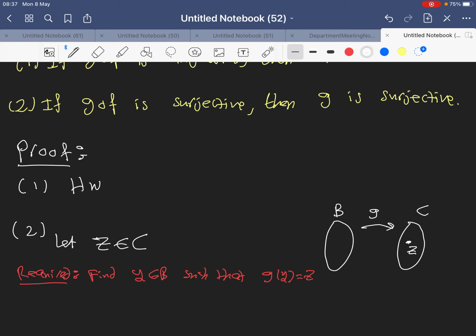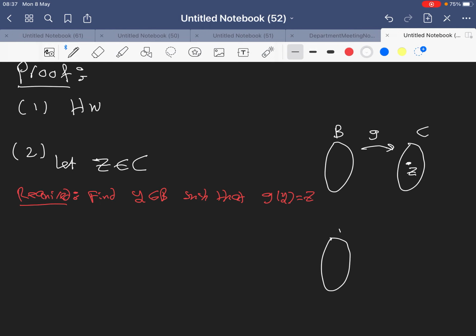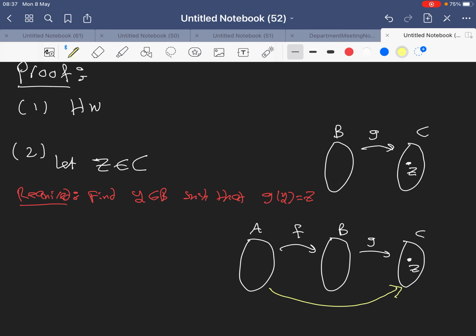Now, what do we know? If we consider the composite, which means A, F, going directly from the first one to the last one through the composite, we know that G circle F is surjective. That's for sure.